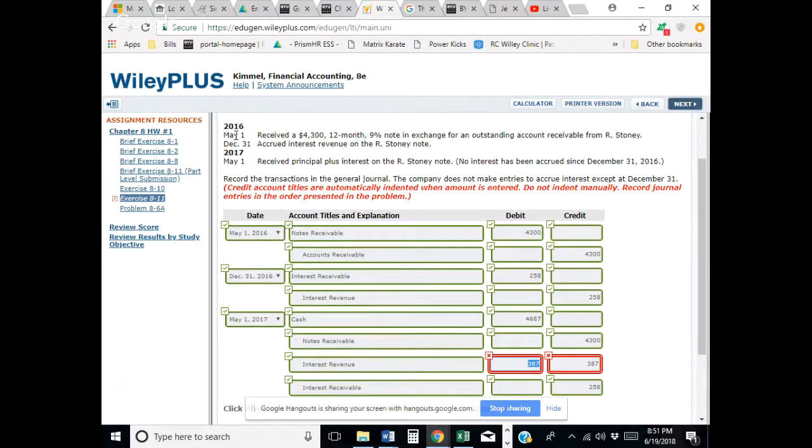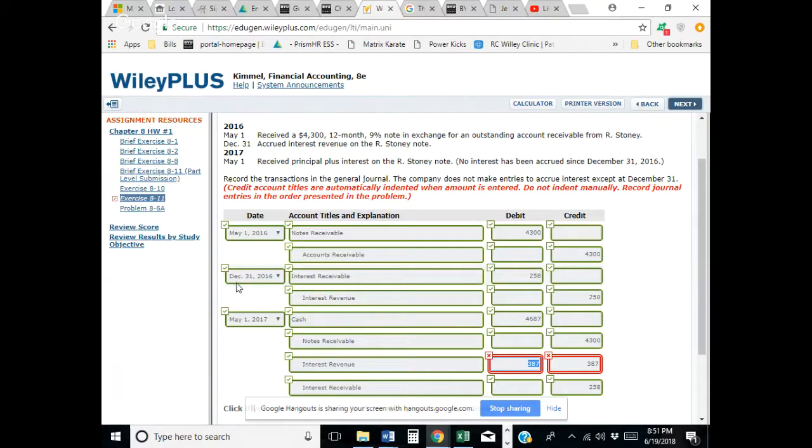First select May 1st, 2016. The first account is notes receivable. We're going to debit notes receivable for $4,300. Next, we credit accounts receivable for the same amount, $4,300.